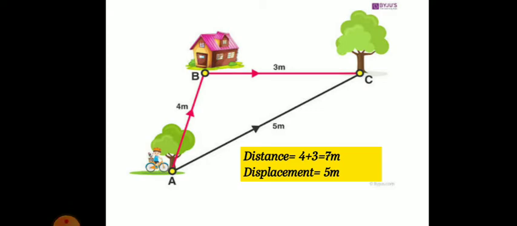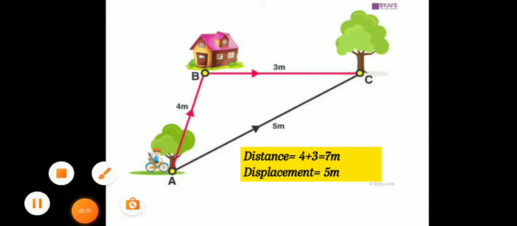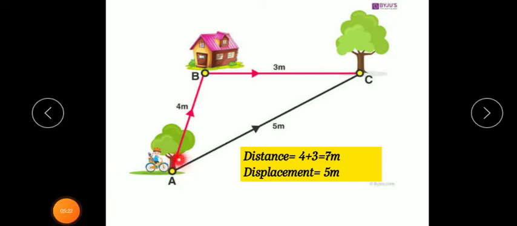So what is distance? The total length traveled by the object is distance, and displacement is the shortest straight line distance from the initial position to the final position. Whenever you say displacement, you have to mention the direction also.